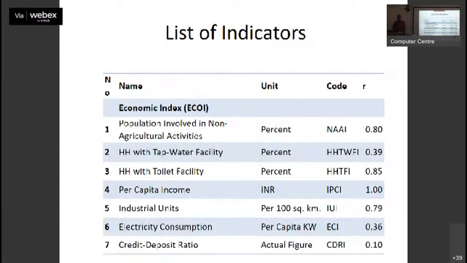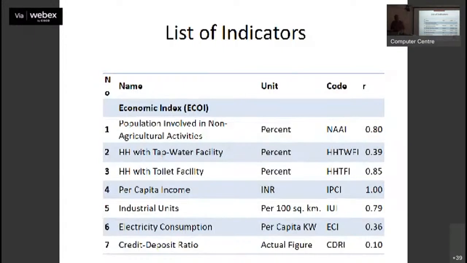Household with tap water facilities. Again, this is a very good indicator for economic development. Household with toilet facilities, per capita income, industrial units per 100 square kilometer, electricity consumption per capita, and credit deposit ratio. These are the variables we have selected for economic development.